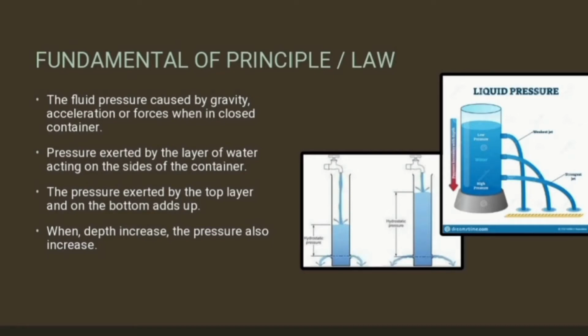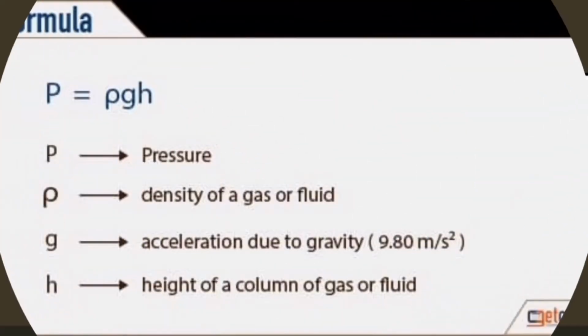As we move down from the top of the container to the bottom, the pressure exerted by the top layers adds up on the bottom. This phenomenon is responsible for more pressure at the bottom of the container. It is because pressure and depth have a directly proportional relationship. When depth increases, the pressure also increases.